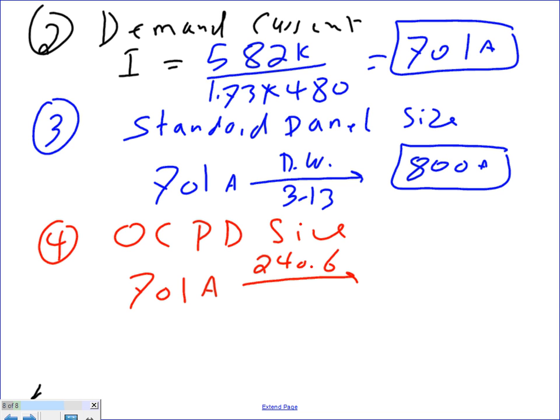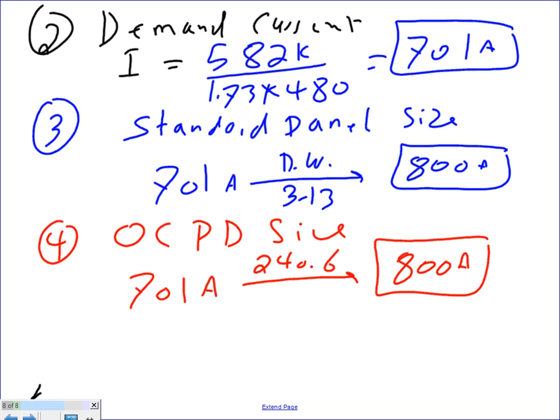Would you like to jump for 1 amp all the way to 800 amp? Actually, if you use the square root of 3 rather than 1.73, you're under 700. Are you? Okay. So if I use it literally, and it's higher, then the next standard overcurrent protection device would be 800 amp. Though you might have to use your judgment here. You might say, well, you know what, Chad, I'm going to put 700 and I'm going to eat that amp.